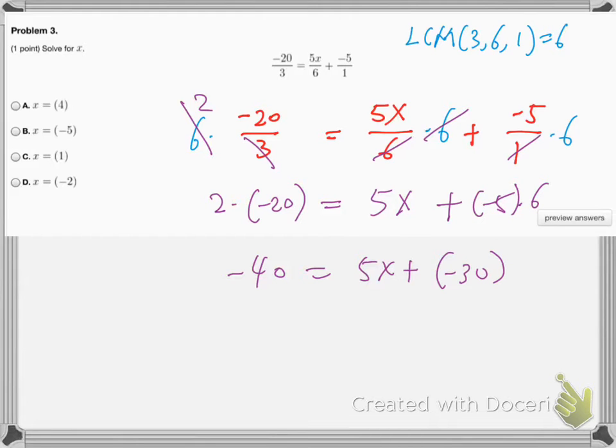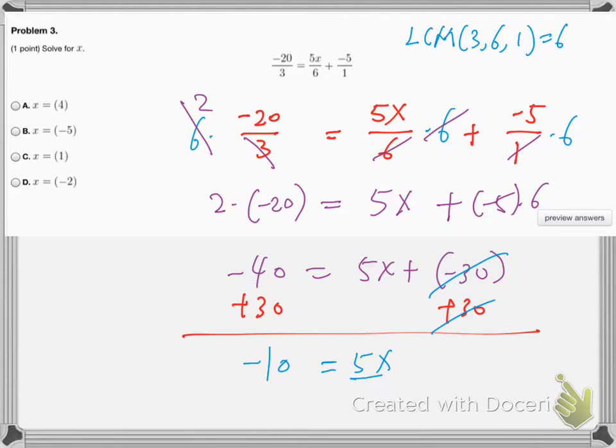Cancel the number part. Plus 30 on both sides. We use positive 30 to cancel negative 30. So we got negative 10 is 5x. The last step is the division. We got negative 2 is x. So this is the answer, negative 2.